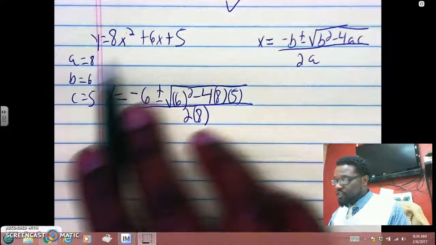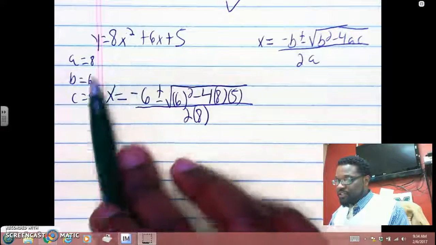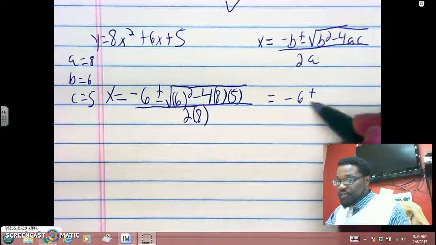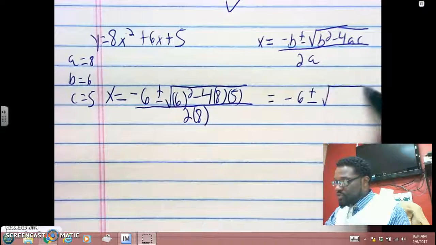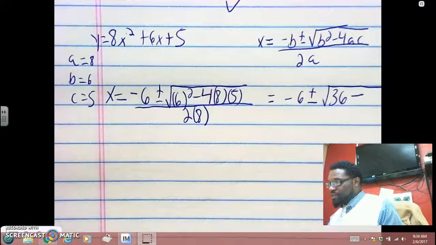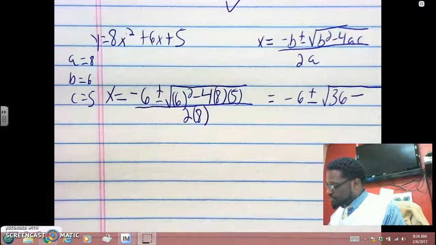So hopefully you understand that substitution. Go back through and look at what I did if you don't. So that's negative 6 plus or minus the square root of 36 minus whatever, let's see, 2160? No, that's not 2160.